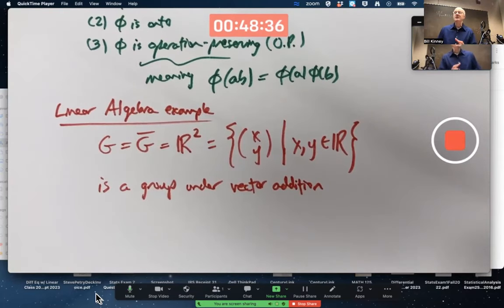Any linear transformation from R2 to itself that's also 1-to-1 and onto is an isomorphism, a group isomorphism.